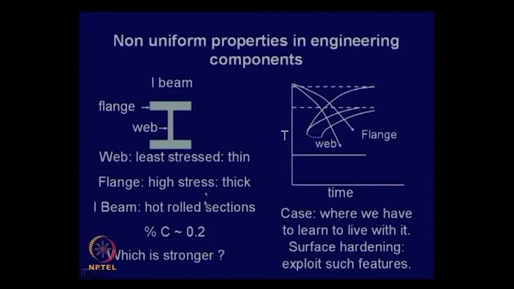So, here although the designer may speak properties based on the web, the most critically stressed region is the flange. That is why it is made thicker. So, this is where we learn to live with it, and in surface hardening, this is not intentional; it is because of the size limitation that you get different properties.